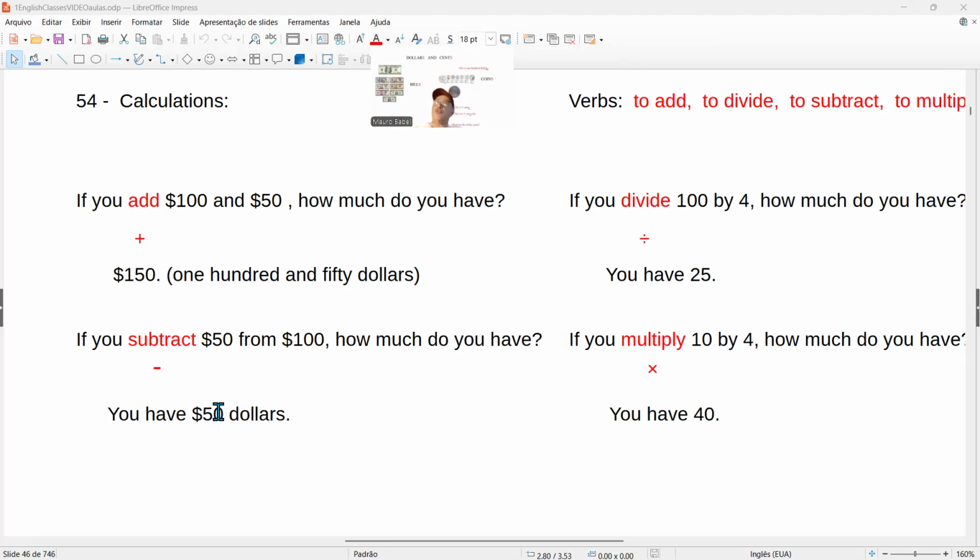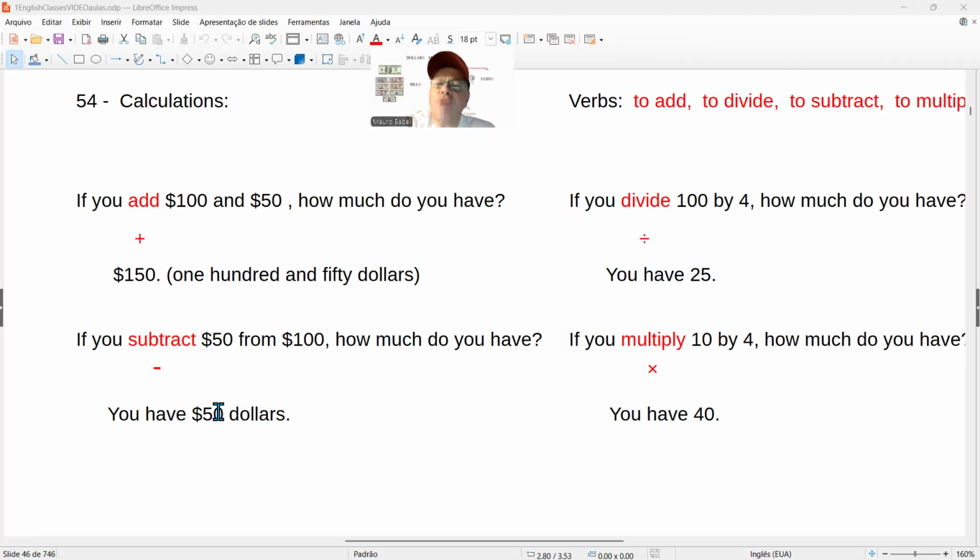If you subtract $200 from $500, how much do you have? Perfect. If you subtract $200 from $500, you have $300. Excellent.